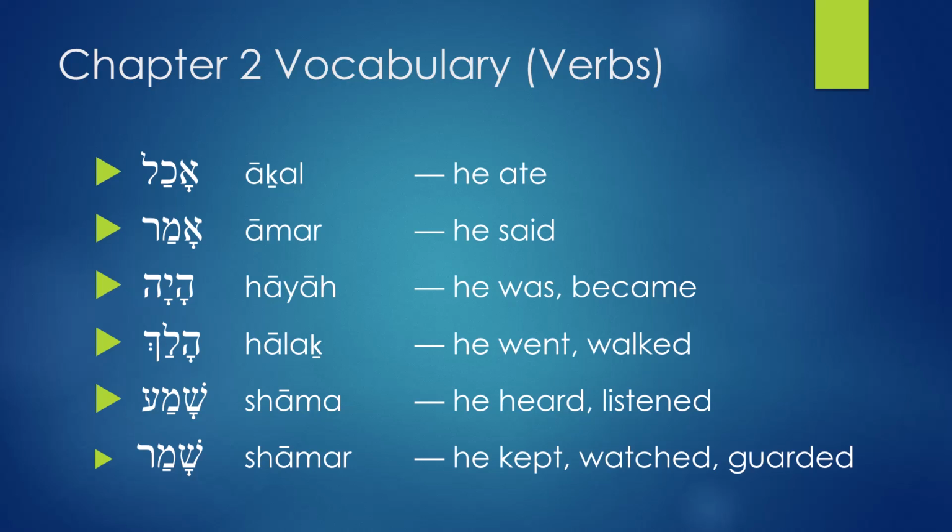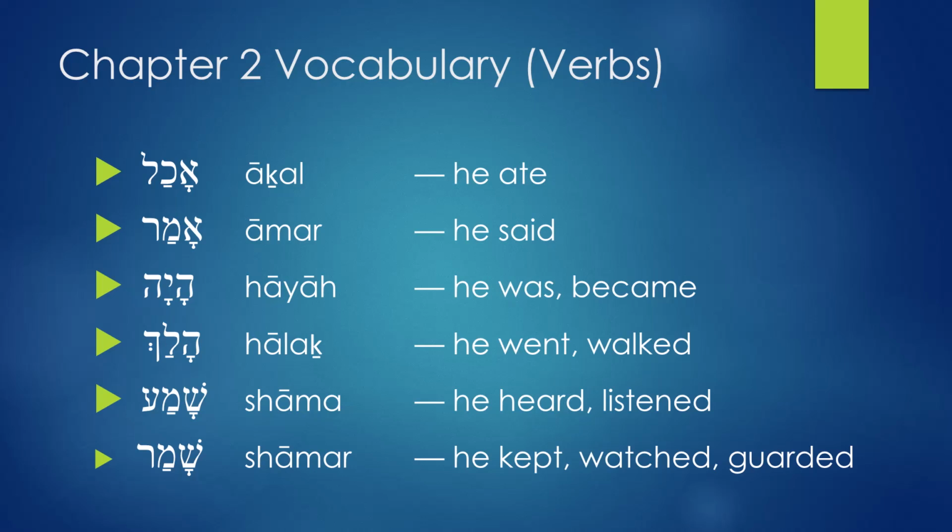When it's not having the dot, the pronunciation changes. It's going to get the softer sound, almost like a chet. Most of the times when you're pronouncing it in a sentence, the difference is almost not heard. But the pronunciation is achal, and achal means he ate.